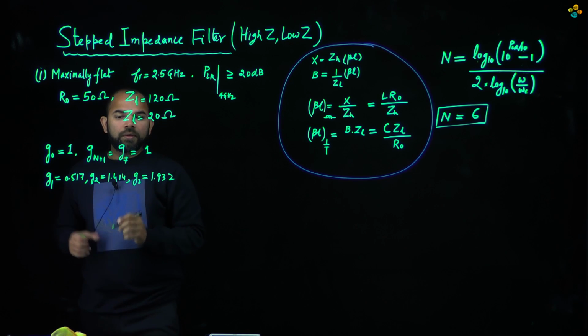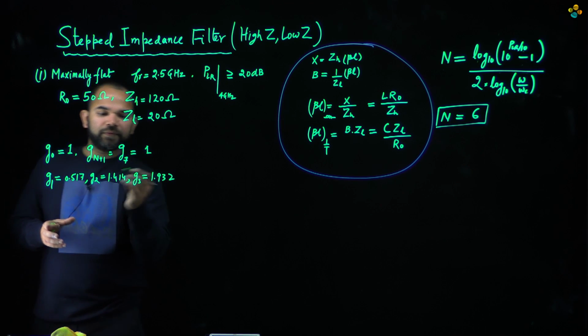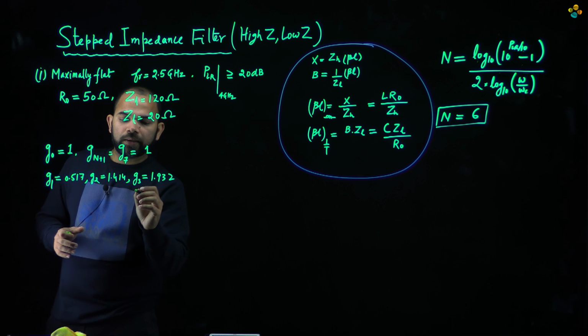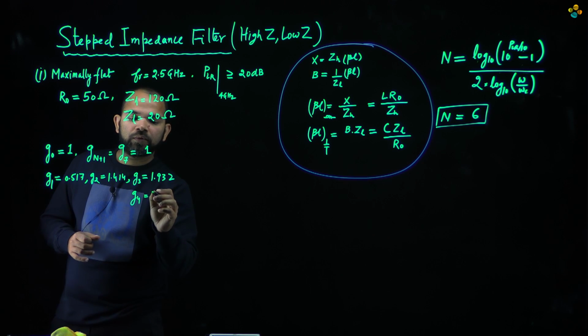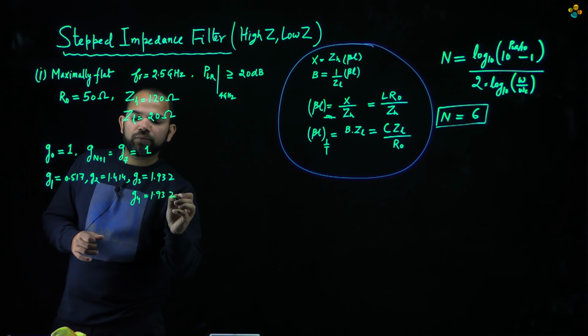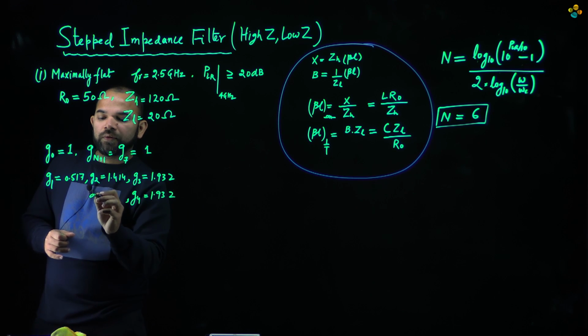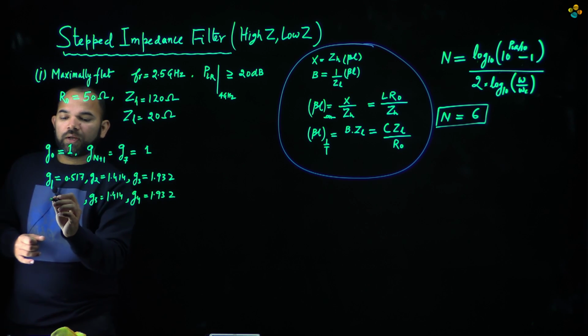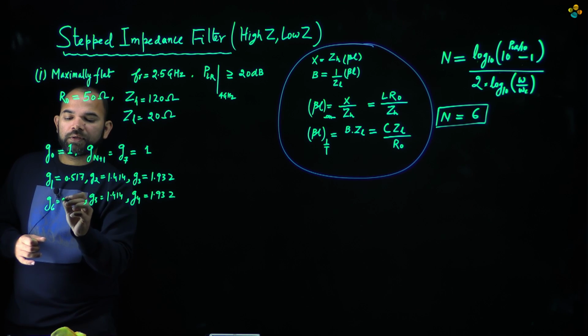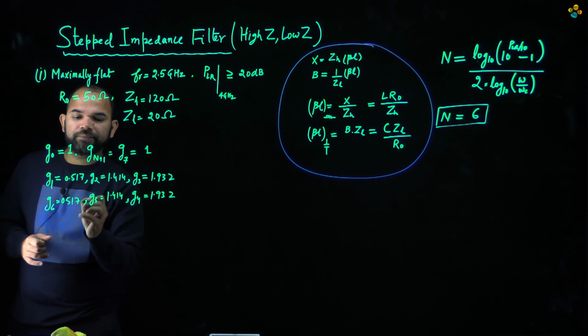Okay, now we know that these parameters have symmetry, so G3 is equal to G4, 1.932. G5 would be equal to 1.414, and G6 is equal to 0.517.